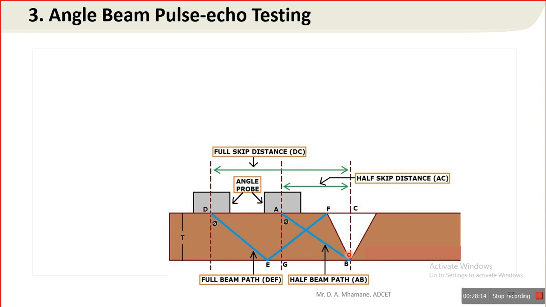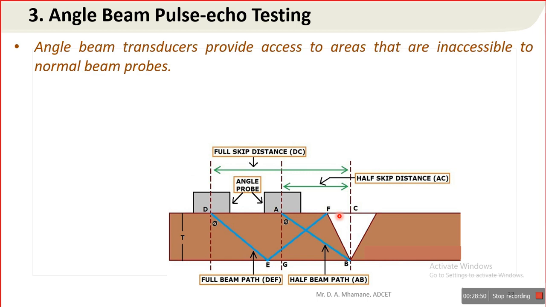A to B is called a single leg of transmission of the sound wave, and the distance traveled on the component itself is called the half skip distance. You will see this terminology again in the inspection of welding, so just become familiar with it. We will discuss this same terminology again in welding inspection. These all have their own formulas, so we will see this terminology again.